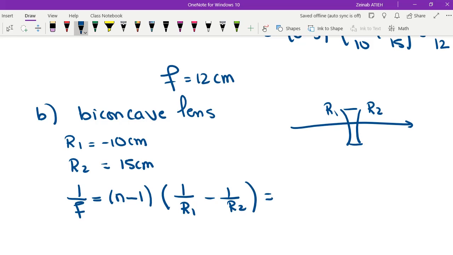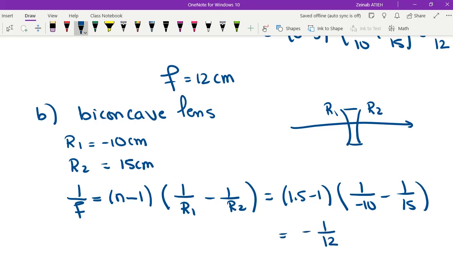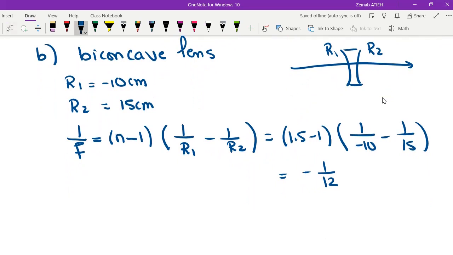Let's substitute. So n is 1.5 minus 1, times 1 over R1 which is negative, 1 over minus 10, minus 1 over 15. We will get minus 1 over 12. So f in this case is equal to minus 12 centimeter. It is negative as we did expect.